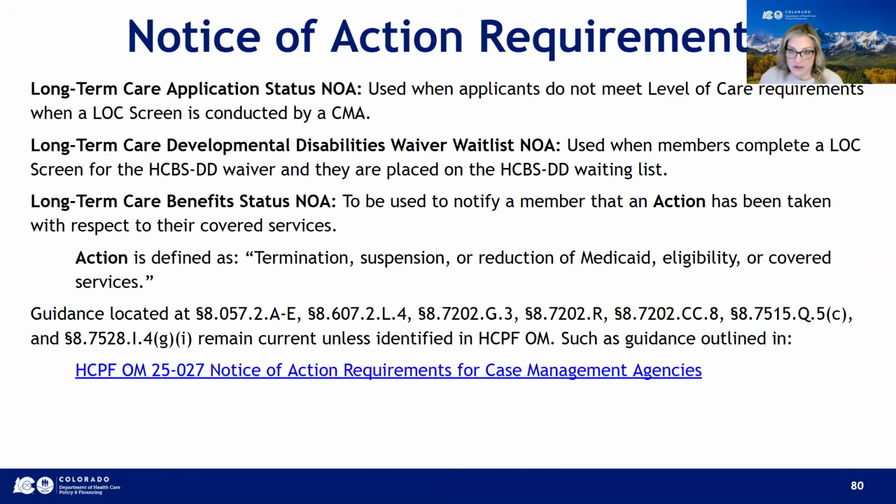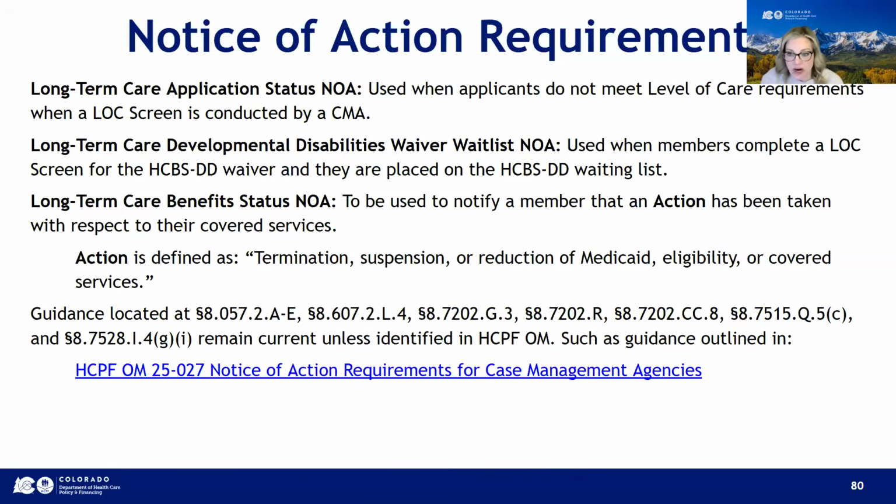You can still and should still be utilizing the long-term care benefit status NOA for any application of regulation that requires you to deny services. And that could be something like the member or applicant requesting services that they do not qualify for, that are considered duplicative, that do not meet the definition, do not meet extraordinary care or service definitions and standards.